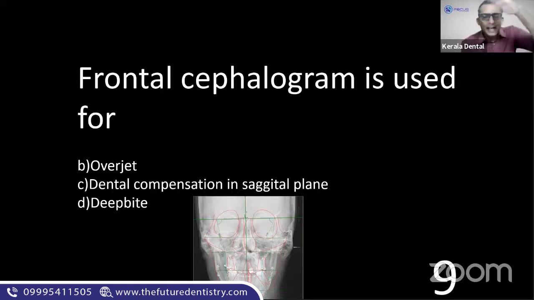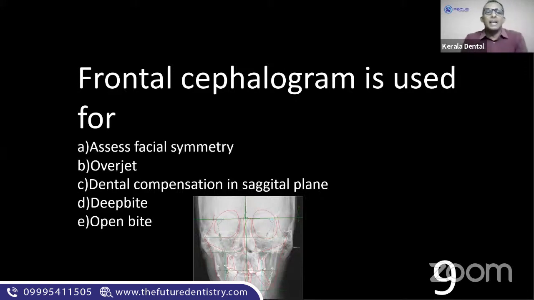Deep bite, again vertical. Vertical also, from the side only you will understand. Open bite, again from the side only you will understand. So the answer obviously has to be to assess the facial asymmetry, the sideways, the transverse, from the front view.